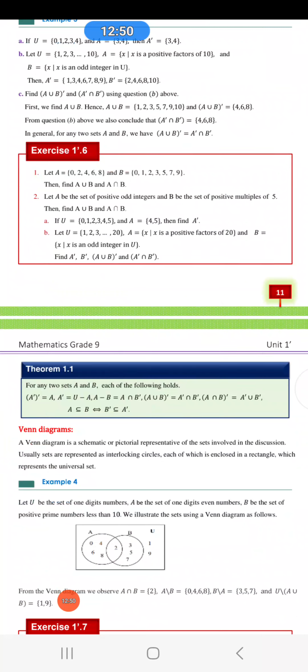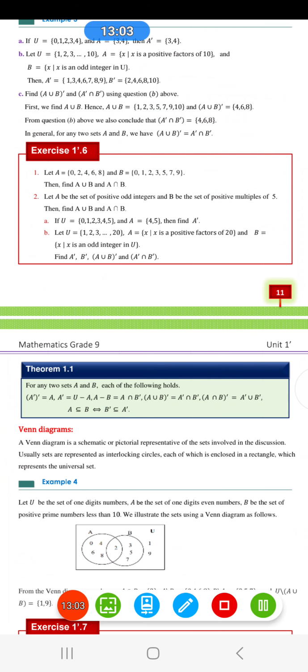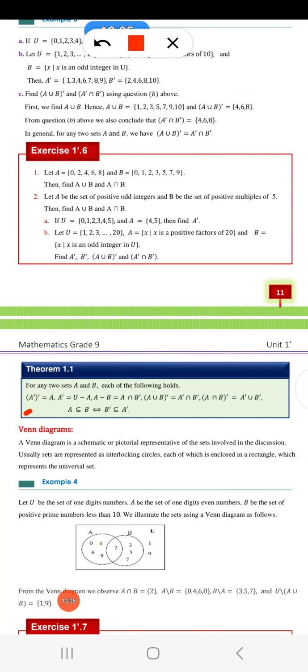Theorem 1.1 for any two set A and B, each of the following holds A prime in bracket prime is equals to A. Kana jechuun aan hammattuu keessatti prime qabaatee alaanillee prime takka yoo qabaate aadhaa wajjin wal qixxeedha jechuudha.